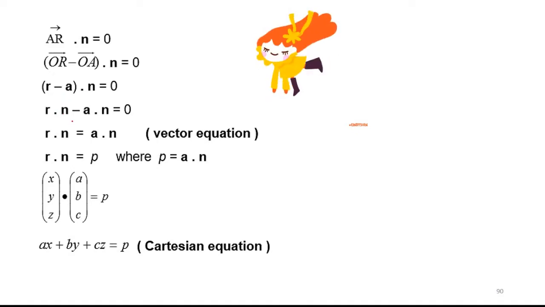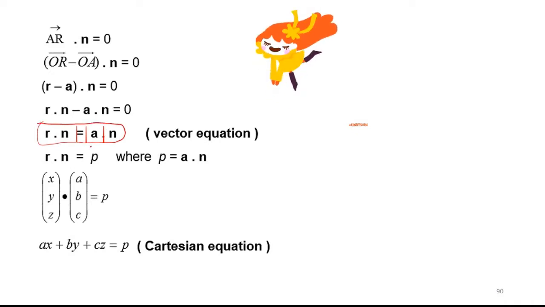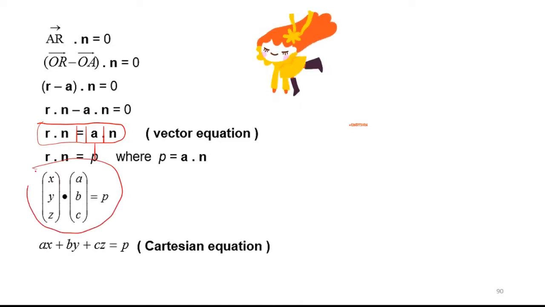We got R dot n minus A dot n equal to 0. And actually this is the vector equation of a plane, R dot n equal to A dot n, where we'll let P as A dot n.